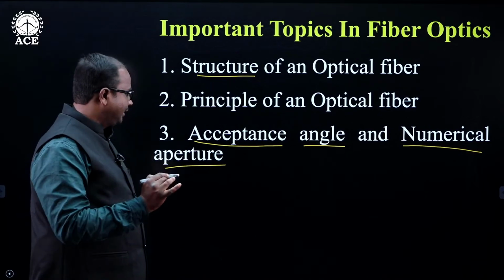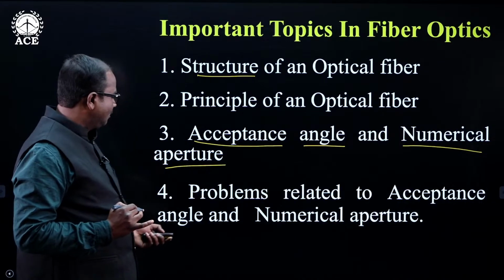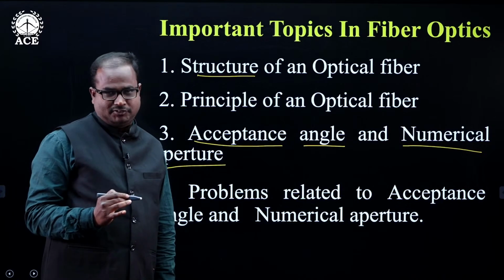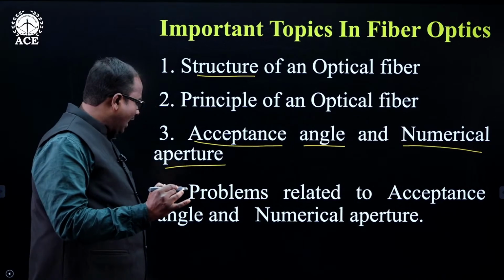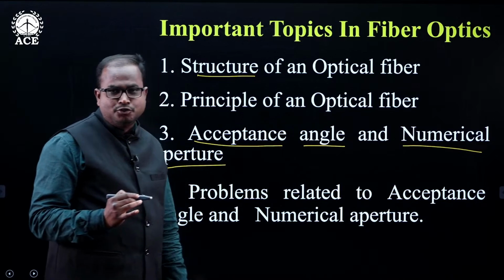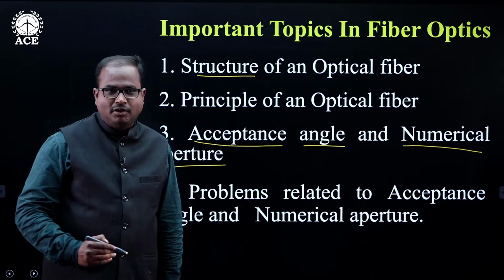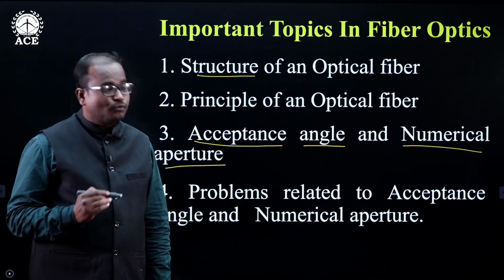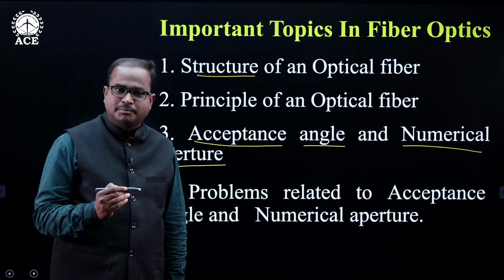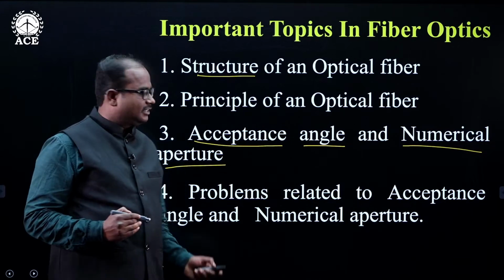You will get a repeated question on this one. The next one is the problems related to acceptance angle and numerical aperture. In the examination paper you will also get some problems, so we are going to solve some of the problems in this discussion.